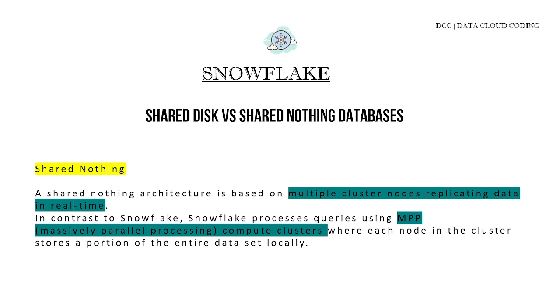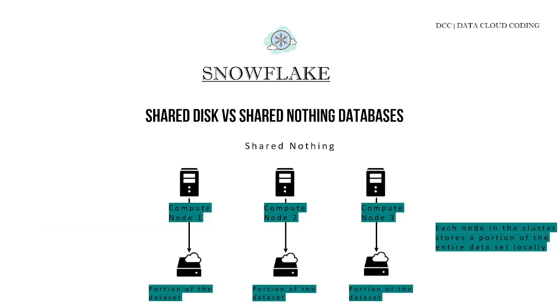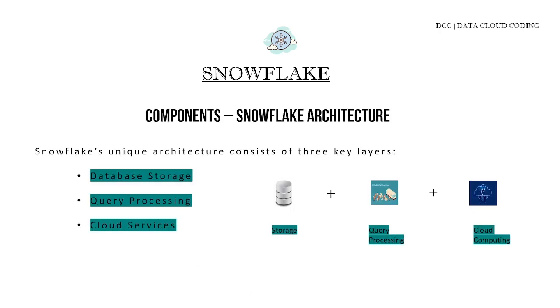So this is how Snowflake leverages the shared nothing database architecture. If you look into the diagram, we have multiple compute nodes, and each node has a portion of the dataset stored locally. So this was for the shared nothing architecture.